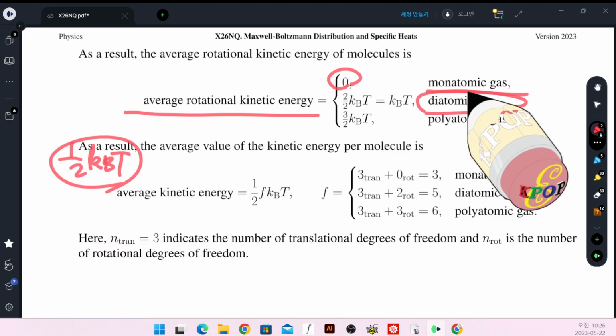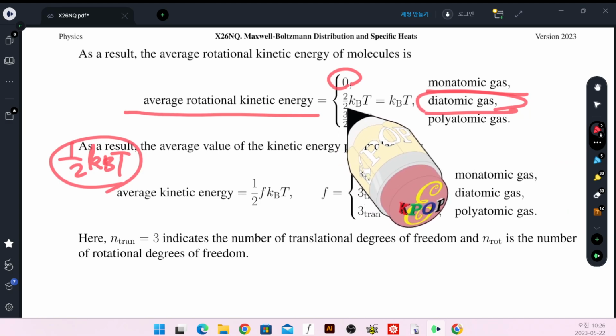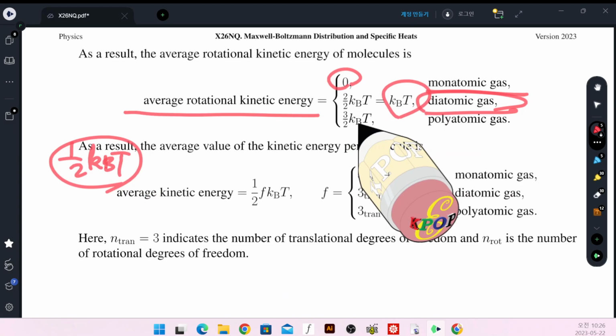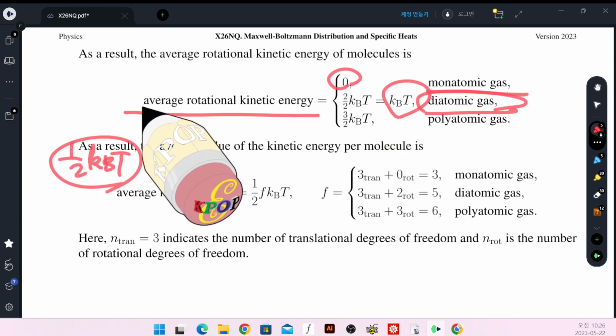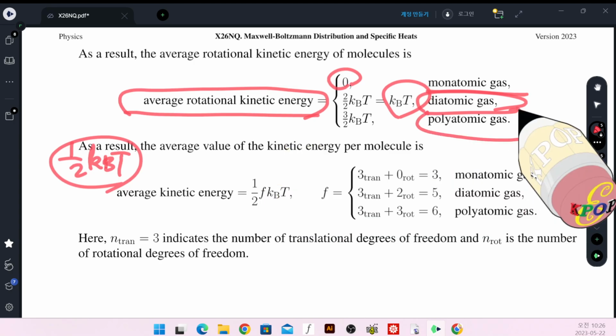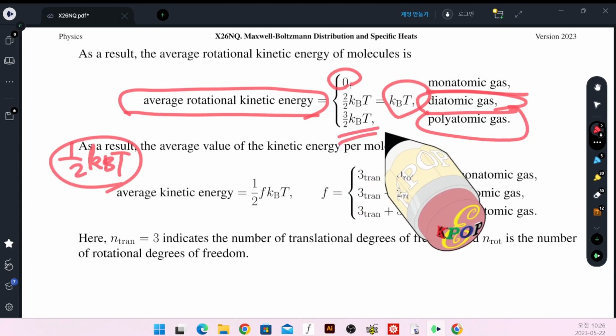We have 2 degrees of freedom for the rotational axes, so 2 times 1/2 kBT gives kBT of additional kinetic energy of rotation. In the case of a polyatomic gas, we have all 3 axes of rotation, and we have 3 times 1/2 kBT.